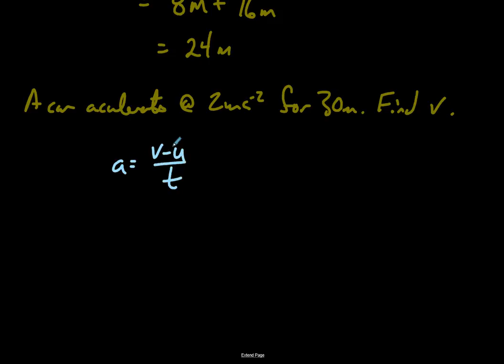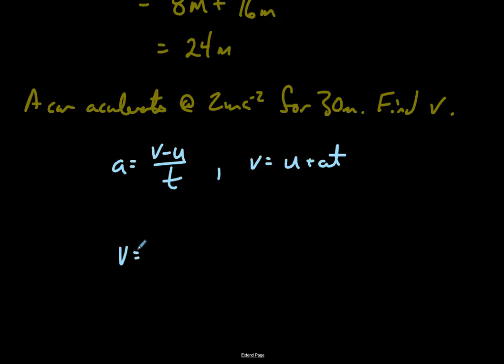So this is true, delta v over t, and this is true. This is just simply rearranging formulas. So we're going to start with this, and we're going to square it all. Actually, sorry, I'm not going to square it quite like that.